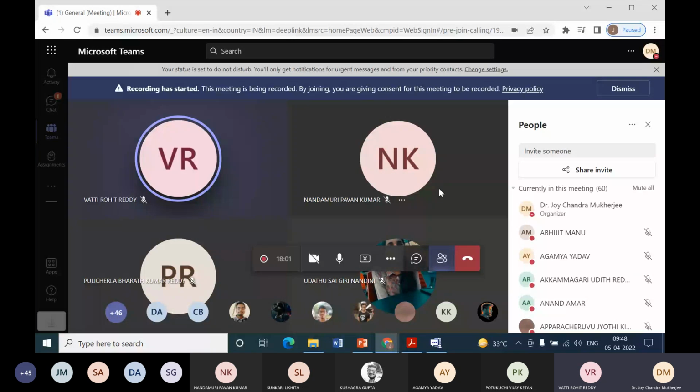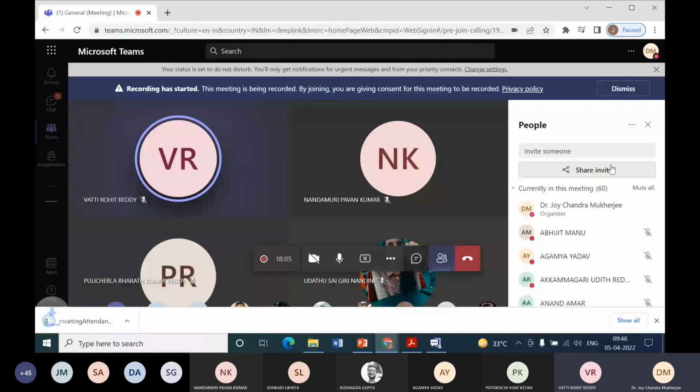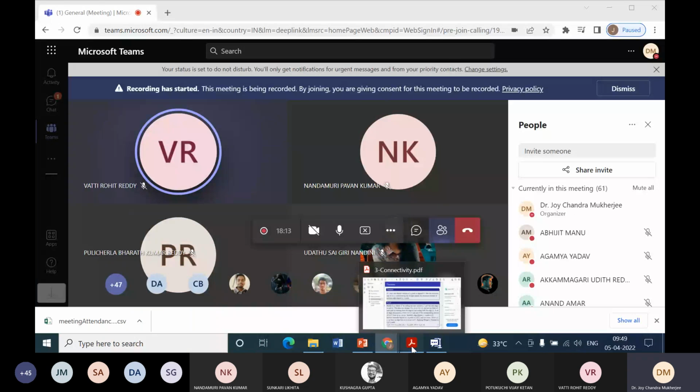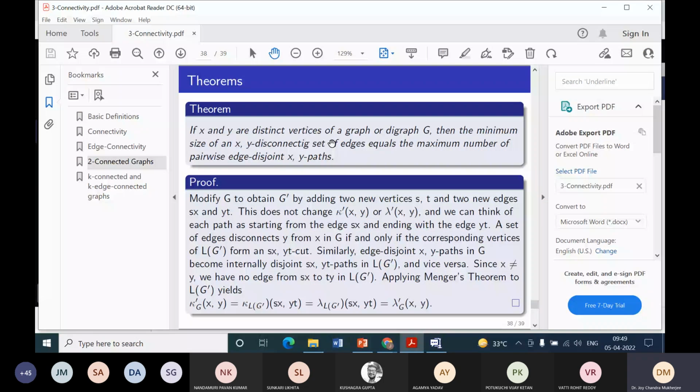So here the proof is written. It was my original G. From G I will create G prime by adding two new vertices s and t and two edges sx and yt.